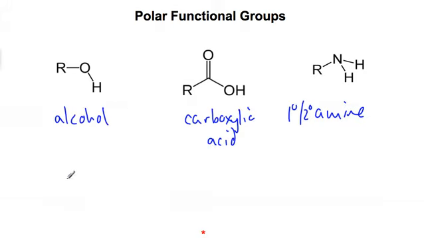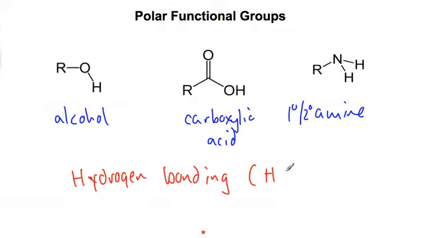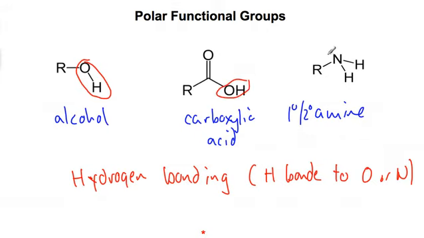These functional groups all give rise to hydrogen bonding between these molecules. So remember, hydrogen bonding in the organic context is H bonded to oxygen or nitrogen. And you can see we have that in all these functional groups.